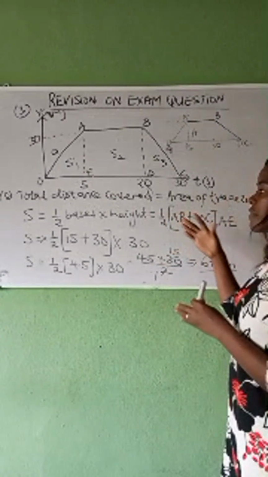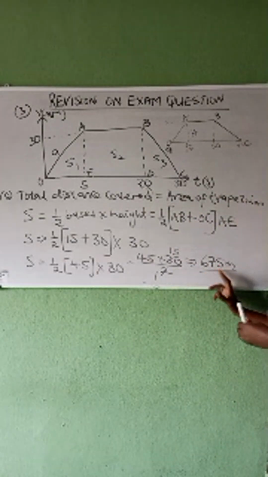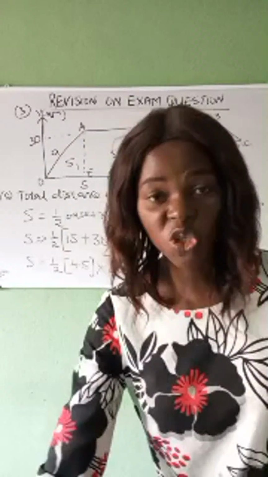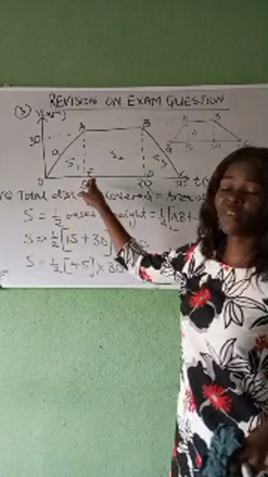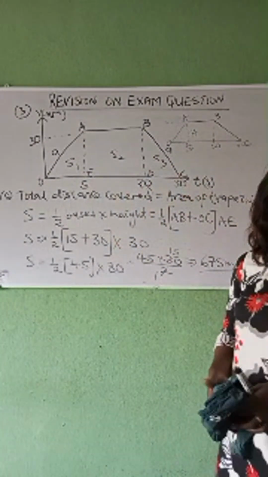We are going to solve them separately and add them together. We are still going to get this distance to be 675 meters. So let's try it. You need to know the two methods, in case you're asked to calculate distance traveled after the first 5 seconds. So you don't need to use this formula to solve for all. Do you understand? Okay.